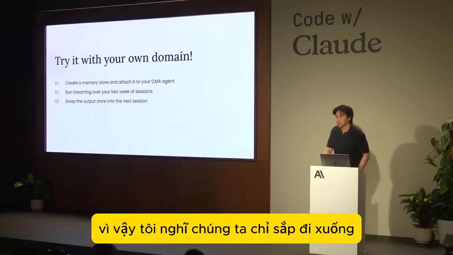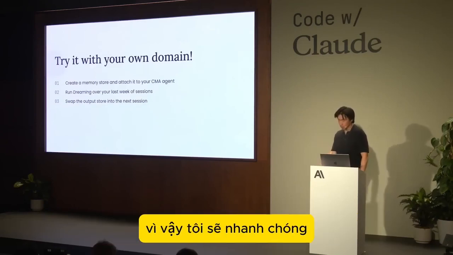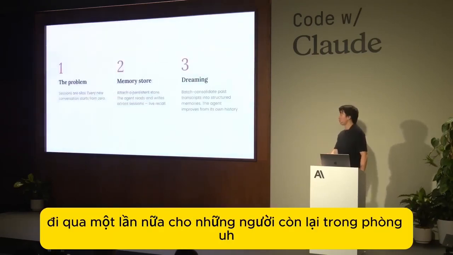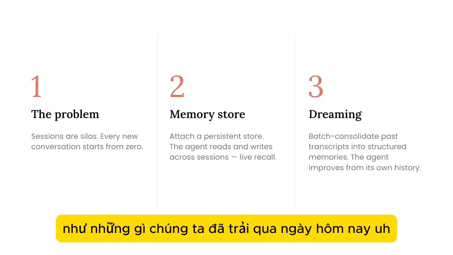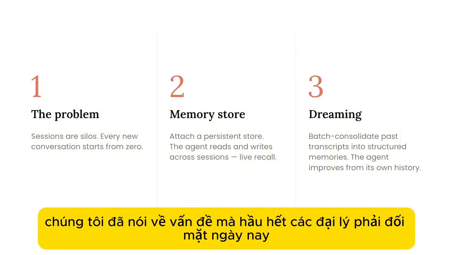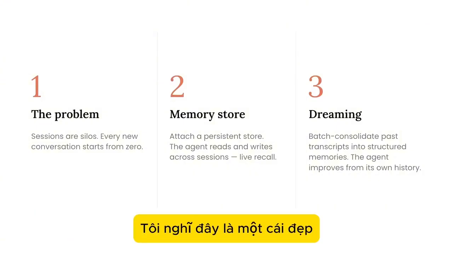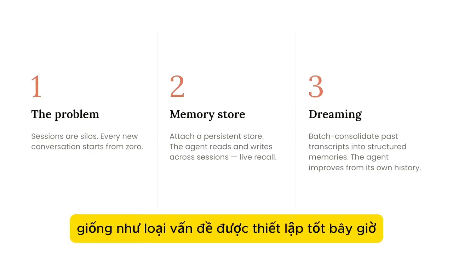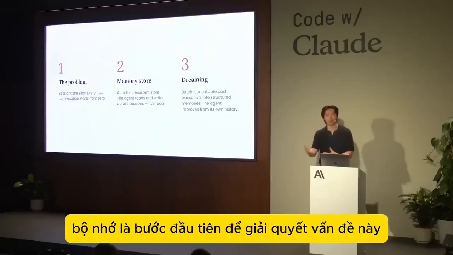Great. So I think we're just about winding down. I'm going to quickly go over again, for the folks remaining in the room, what we went over today. We talked about the problem that most agents face today, which is how do you remember information across sessions? I think this is a pretty well-established problem now. And we talked about how memory is the first step to addressing this, right?